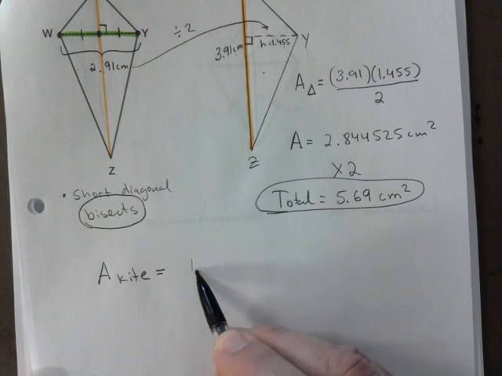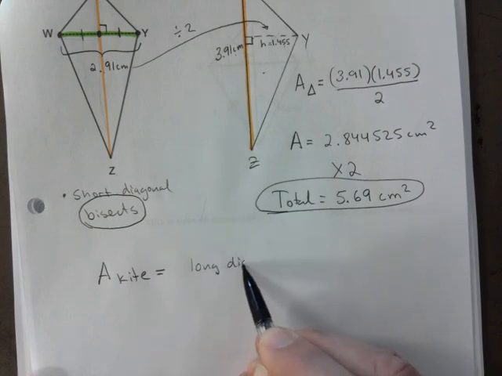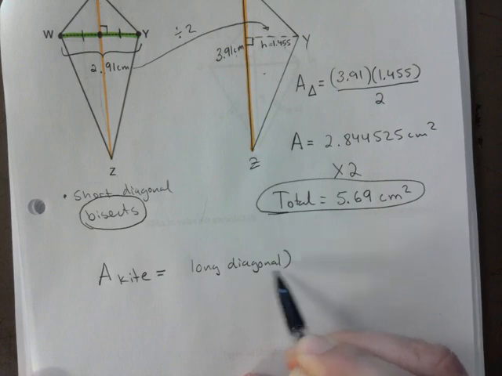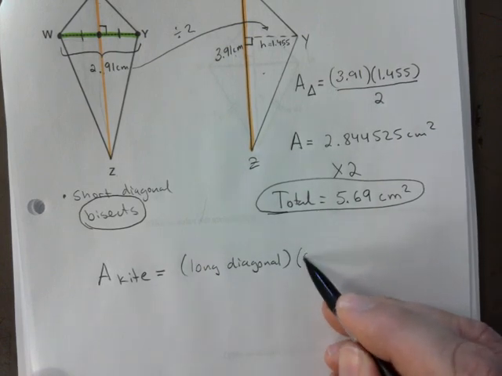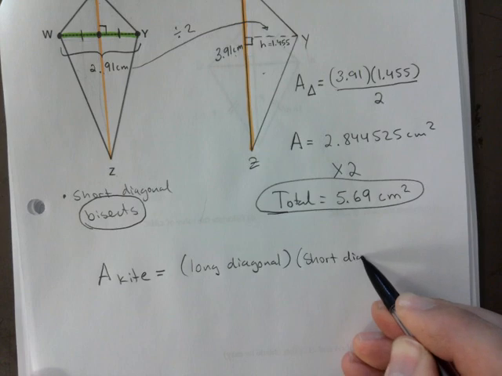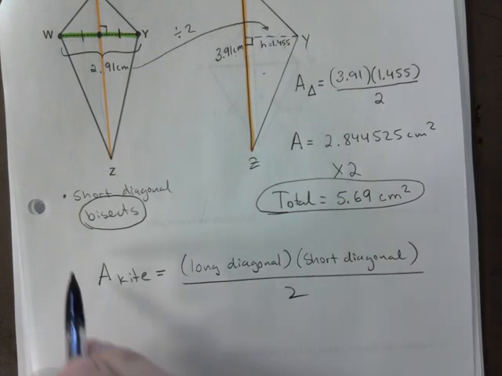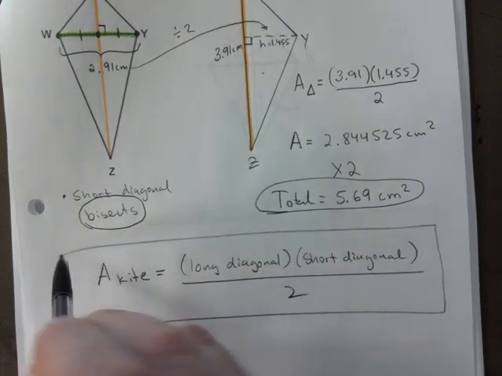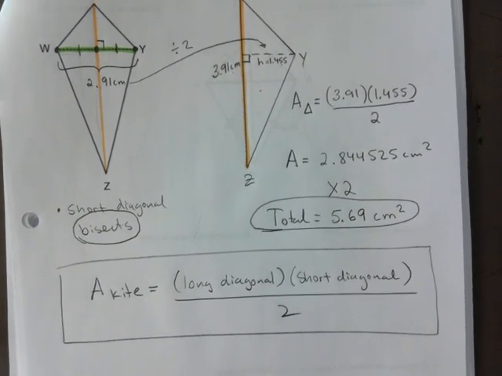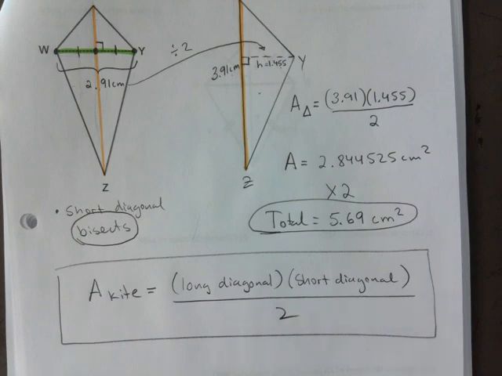You take the long diagonal, you multiply it by the short diagonal, and you divide that by 2. Isn't that cool? Just find your 2 diagonals, multiply them, divide it by 2. Voila, you have your area for the whole kite. Should probably be on your study sheet.